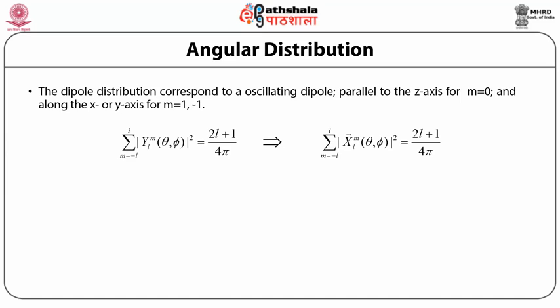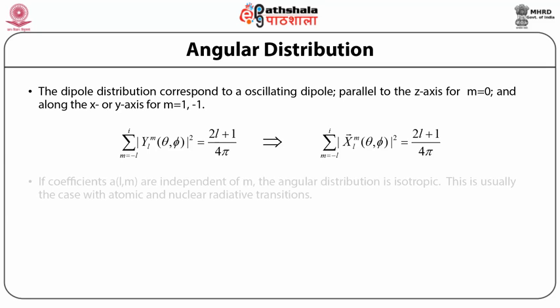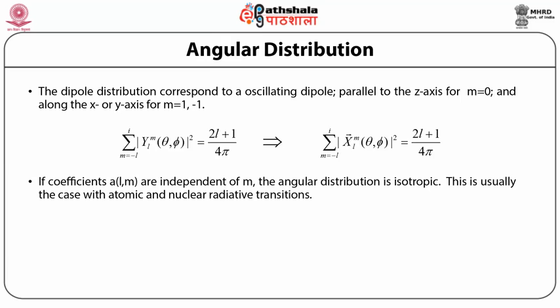The sum over m from −L to L of |Y_Lm(θ,φ)|² equals (2L+1)/4π, which implies that the sum over m of |X_Lm(θ,φ)|² equals (2L+1)/4π. If the coefficients a(L,m) are independent of m, the angular distribution is isotropic.